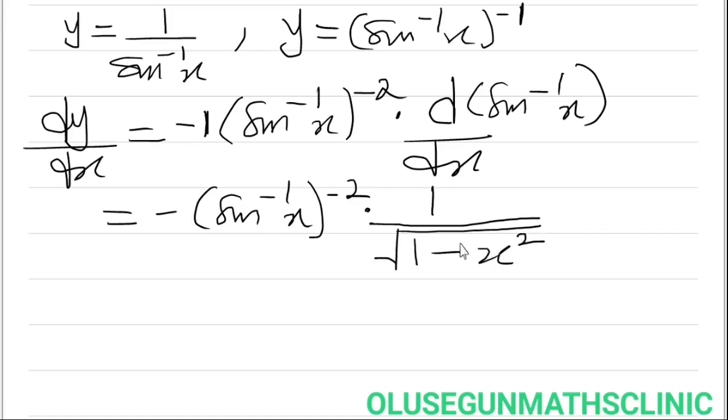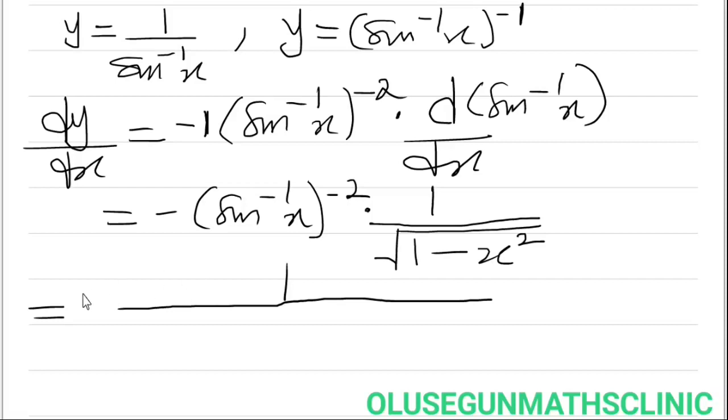From this, the minus 2 power can come down so that everything falls in the denominator. Because of the minus, it will make it come down, and we have minus 1 already from the question.